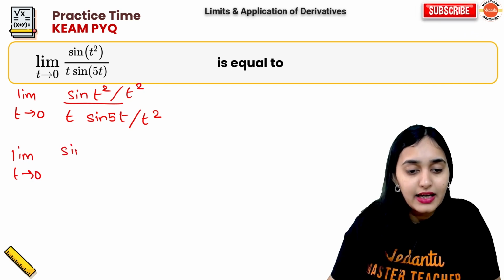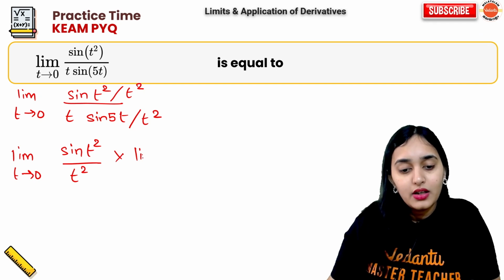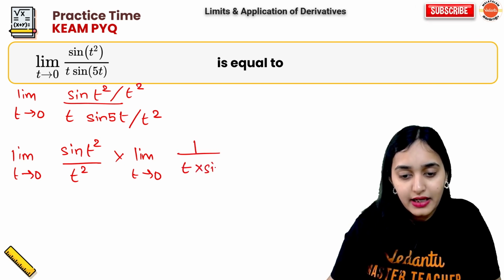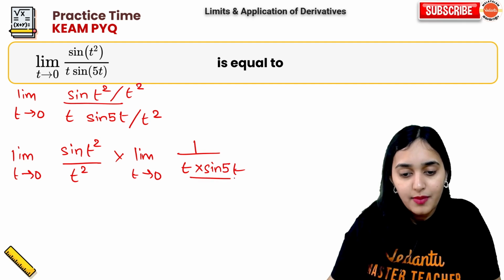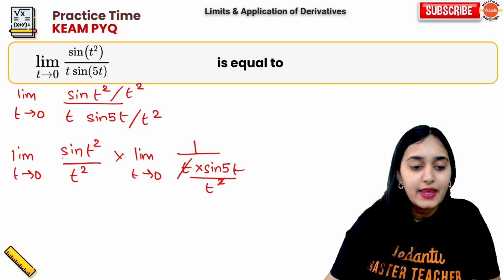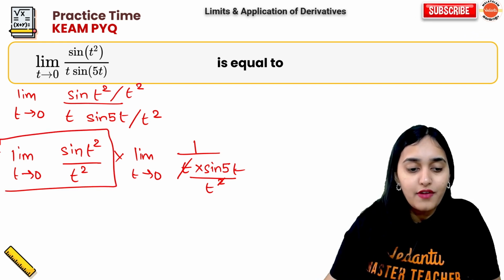So it becomes limit t tends to 0 of sin t square by t square, into limit t tends to 0 of 1 upon t into sin 5t upon t square. So t cancels. What is the value of the first part?